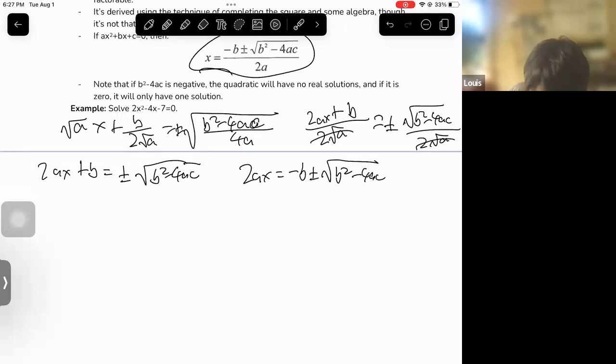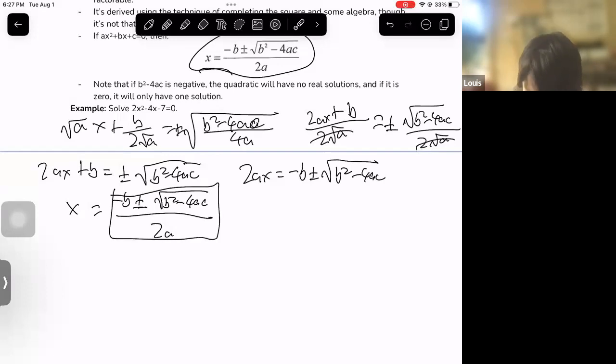So therefore we have x equals negative b plus minus the square root of b squared minus 4ac over 2a. So we have proven our quadratic formula.